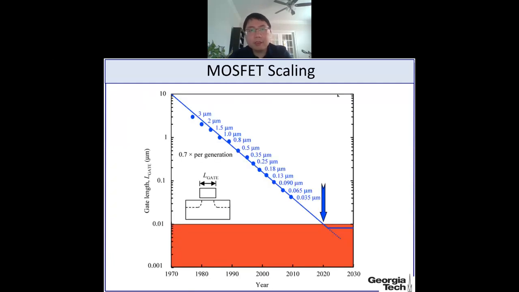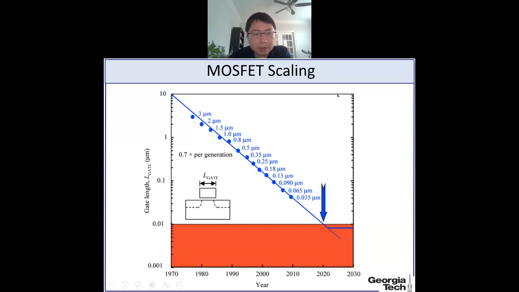So let's look at this MOSFET scaling trend historically. I think we have shown this chart at the very beginning of the semester when we talked about scaling. So here this chart shows the gate length L as a function of the generations over the years.